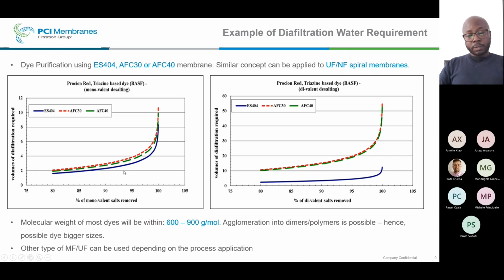As explained previously, we also have other types of ultrafiltration or microfiltration membranes available that could be used for this application, depending on the sort of inquiry that the customer has.